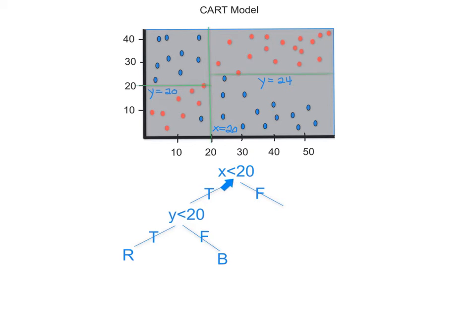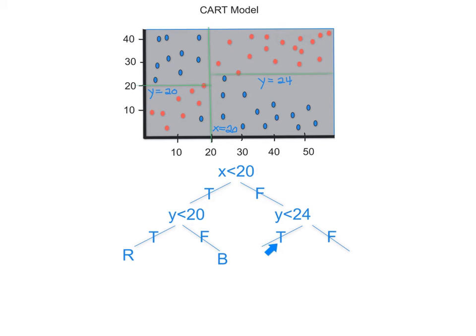If we start back at the top and we say that x is not less than 20, it is false, then we have to ask the question if y is less than 24, because we're in this region to the right of the line x equals 20, and we have to decide if we're in the top of this region or the bottom. So we ask the question, is y less than 24?